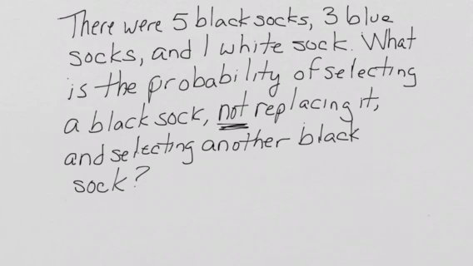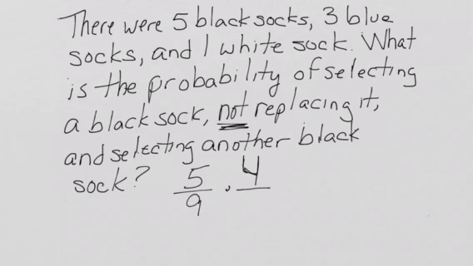Well, for the first black sock, it would be 5 out of 9. That should make sense to you because there's 5 black socks out of 9 total. But what about this second black sock? How many black socks are in there if we didn't replace one of them? Well, now there are 4 black socks. And how many socks are in there total?